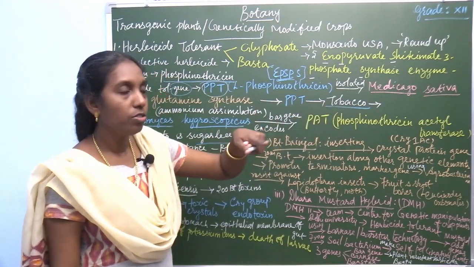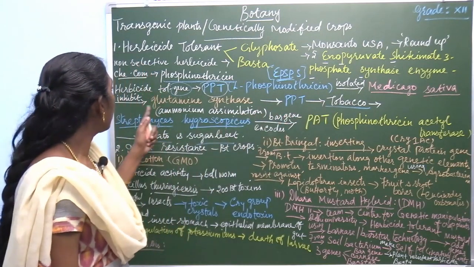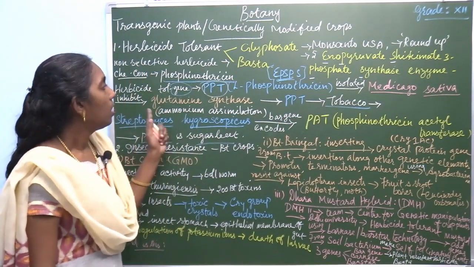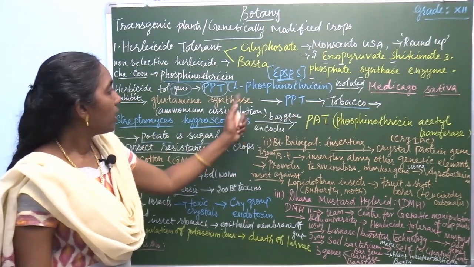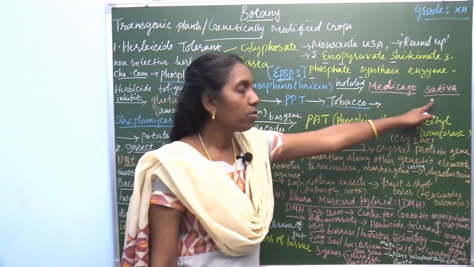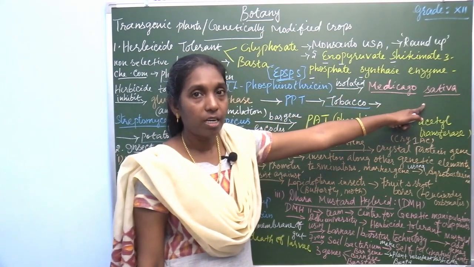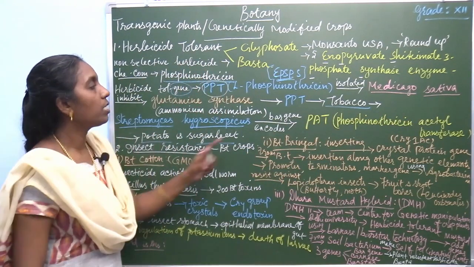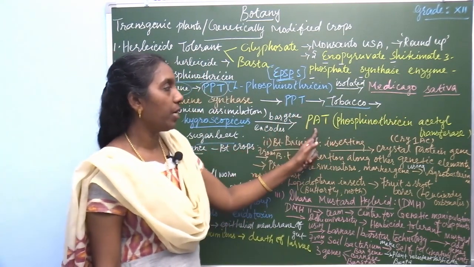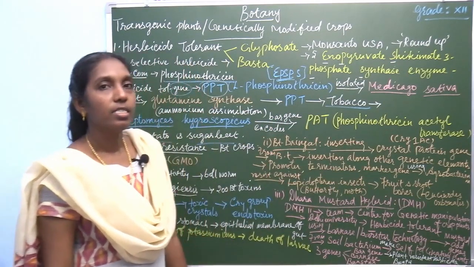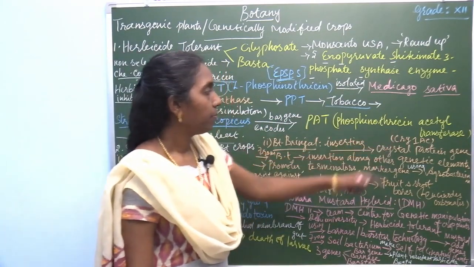In tobacco, the introduced gene is PPT, isolated from the Medicago sativa plant. But here, from Streptomyces hygroscopicus, it is PAT, phosphinothricin acetyl transferase.